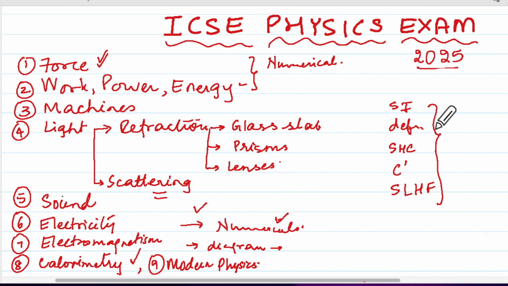You need to know for each one of these SHC, the thermal capacity and specific latent heat of fusion. You need to know even the SI units, and they will ask you if it is joule per Kelvin, then what is the quantity that is measured by this? So something like this, you need to know how to proceed with.